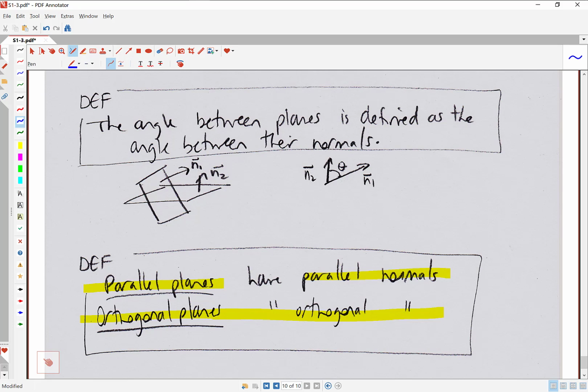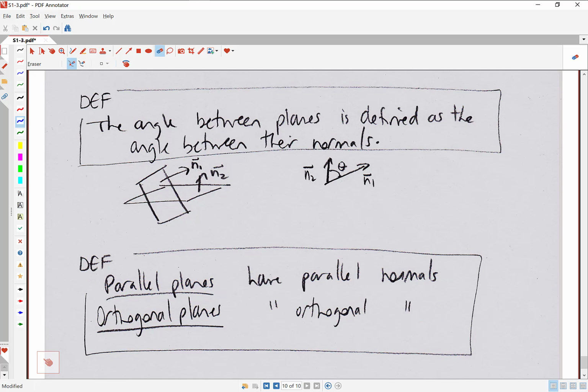So you'd have a situation where n1 is equal to some multiple times n2. If you want to figure out whether your planes are orthogonal, check whether your normal vectors are orthogonal. So you're really asking, do n1 and n2 have dot product 0? If that's true, then your planes are orthogonal.